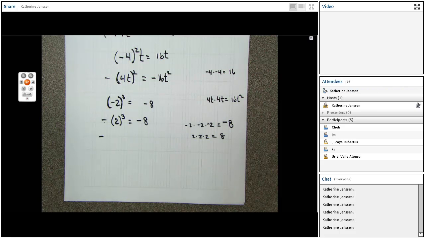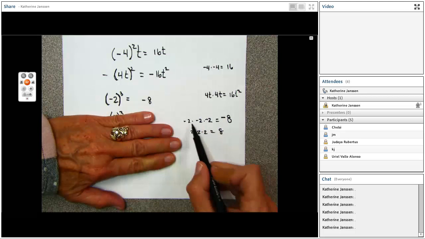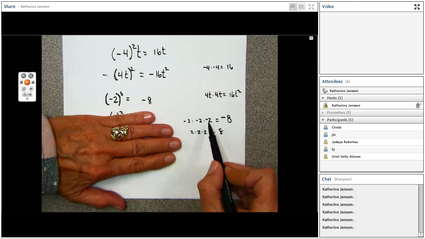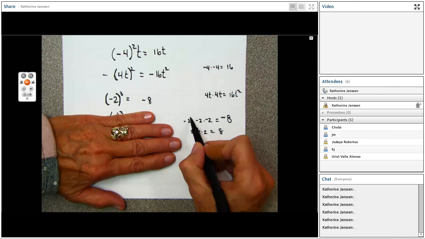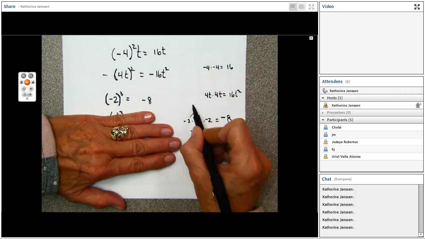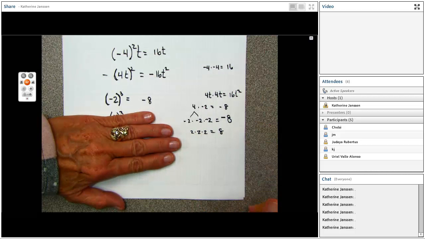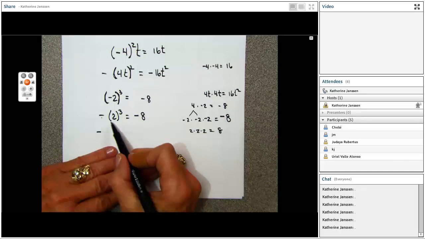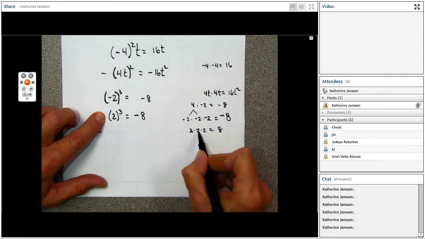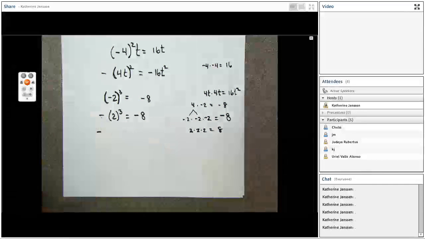So they're two different problems. This is -2 times itself 3 times. A -2 times a -2 is a +4 times a -2 gives you that -8, right? This is, oh, I got the opposite of a positive base times itself 3 times, so that's +8, but I need its opposite.